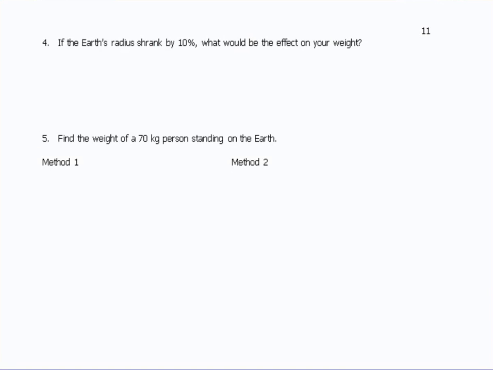Looking at number 4, if the Earth's radius shrank by 10%, what would be the effect on your weight? So here's what we're looking at. If this is the Earth and here is the Earth's radius, if the radius shrank by 10%, so we're looking at about here, and this is the new radius.